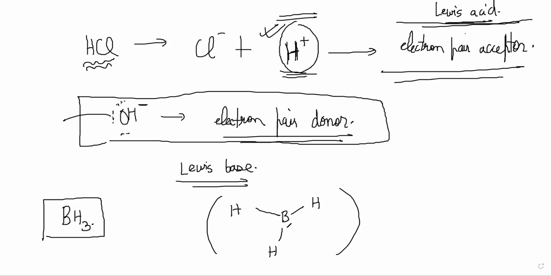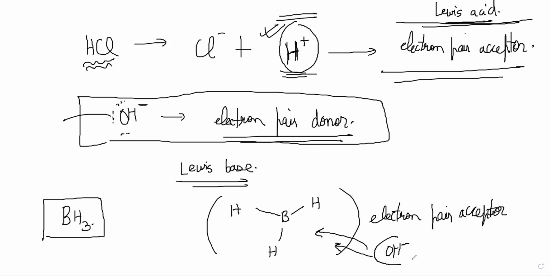So it will react with anything that can donate an electron pair to it. It will want to be an electron pair acceptor. So who can donate an electron pair to it? An OH minus can donate one electron pair to it, right?